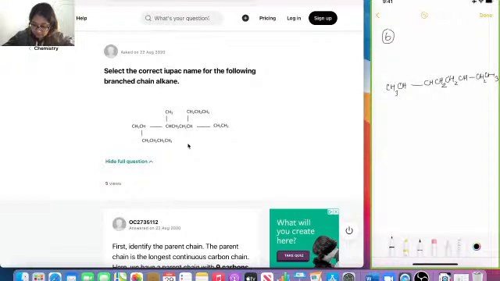Okay, and you have here CH2 CH3, and you have here a methyl, CH3, and then lastly you have one chain going here, so CH2 CH2 CH2 CH3.